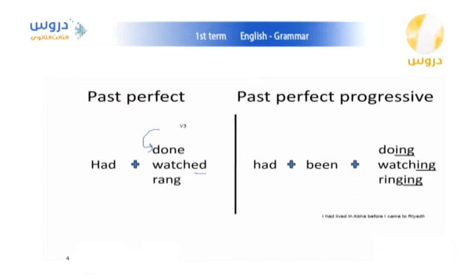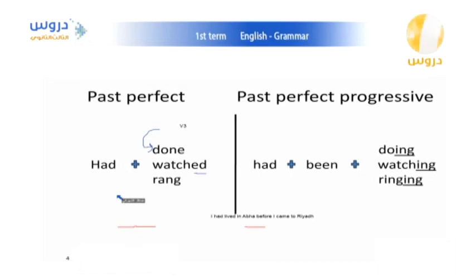So here this is past perfect, and let me change the color first, and here with the pen. Here had lived, and here another verb, came. I had lived in Abha before I came to Riyadh.